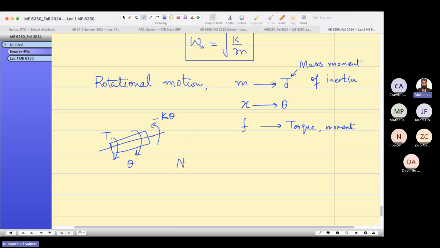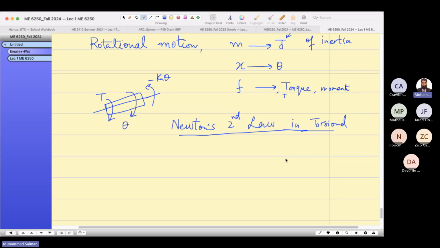In torsional vibration, as I mentioned, look, force is replaced by torque, so can I write down all the torques, they are equal to mass moment of inertia times, because in our linear case, all the forces are equal to mass times acceleration.